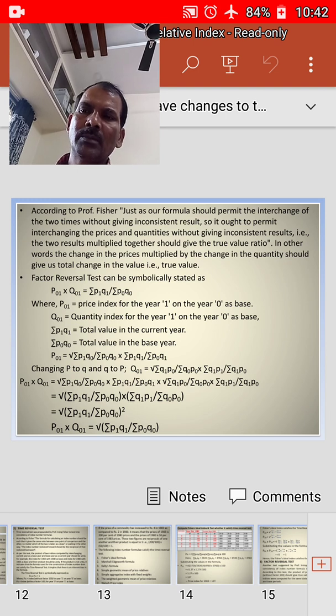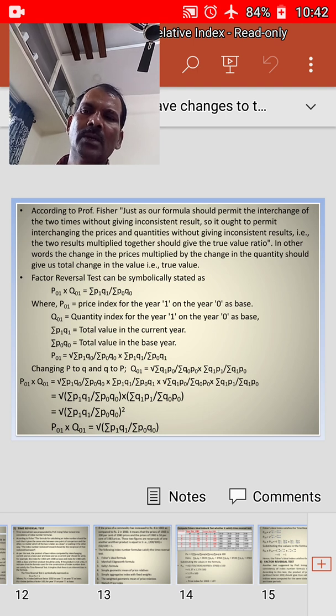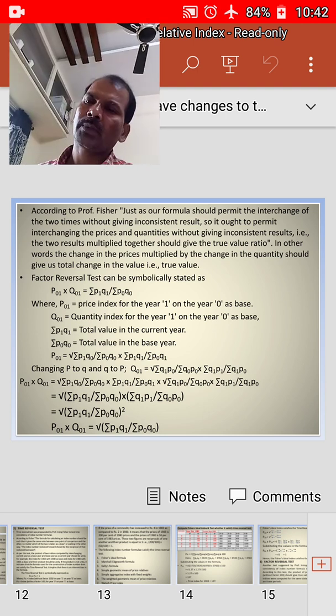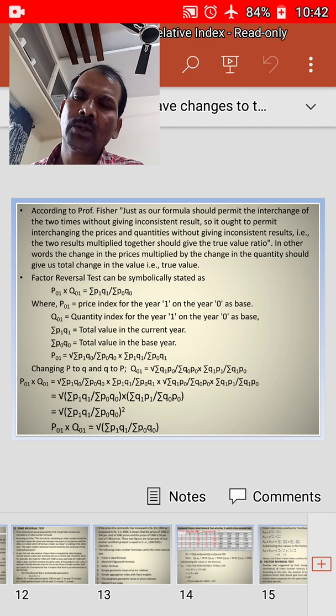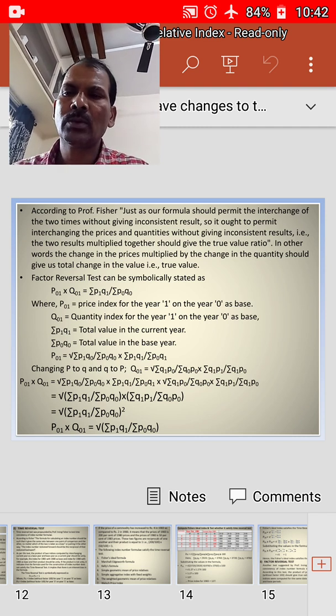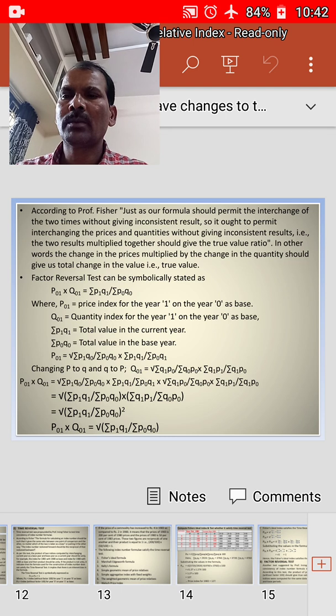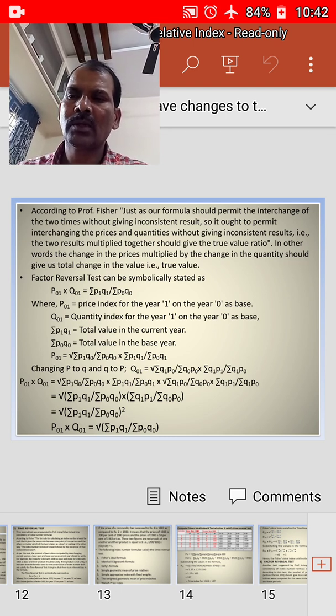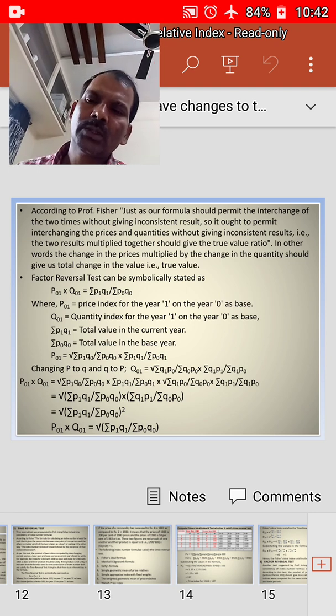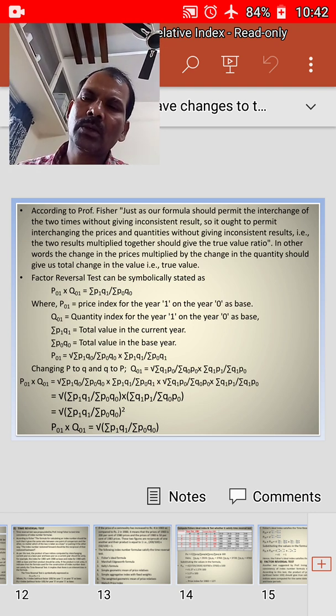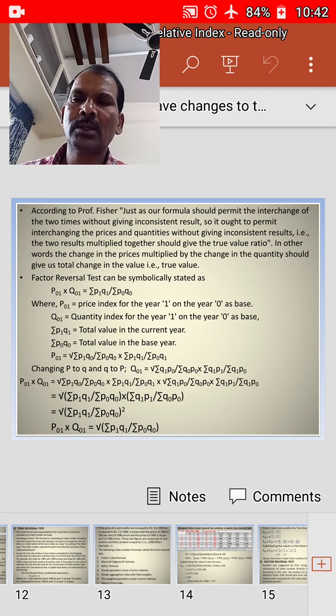Changing P to Q and Q to P, we get Q01, that is the square root of (sigma Q1 P0 by sigma Q0 P0) into (sigma Q1 P1 by sigma Q0 P1). Now P01 into Q01 is the square root of (sigma P1 Q0 by sigma P0 Q0) into (sigma P1 Q1 by sigma P0 Q1) into (sigma Q1 P0 by sigma P0 Q0) into (sigma Q1 P1 by sigma Q0 P1).